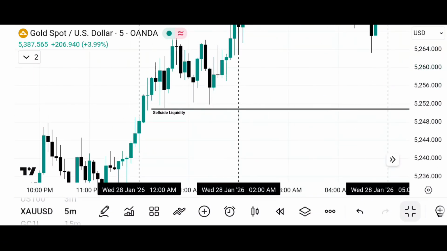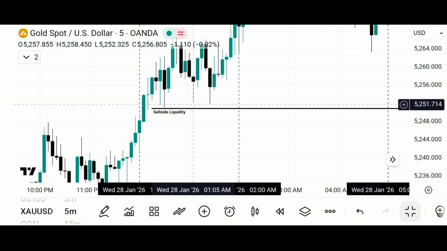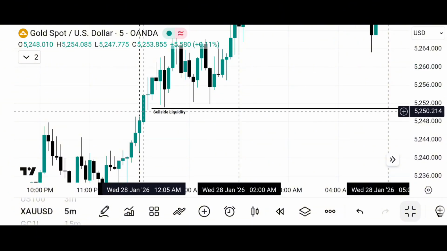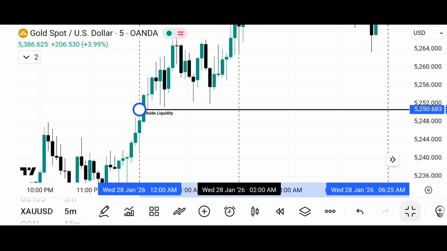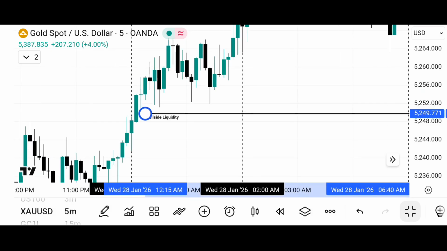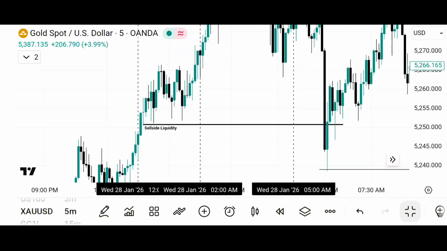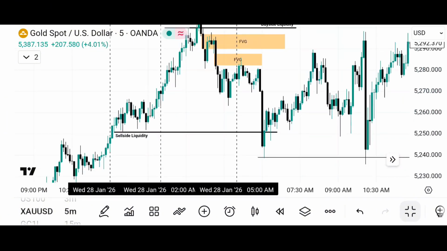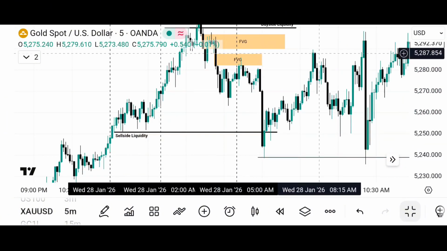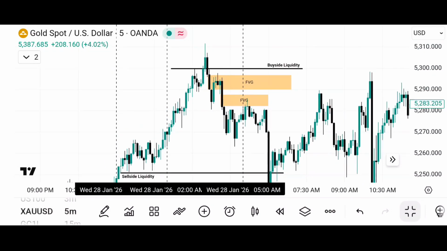And as you can see, relative equal lows right here, this low, and even this low right here. These are sell side liquidity resting below these lows, and you can see our price trades into it and returns back into the range.